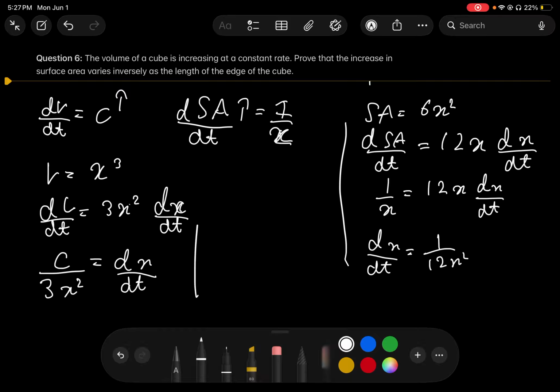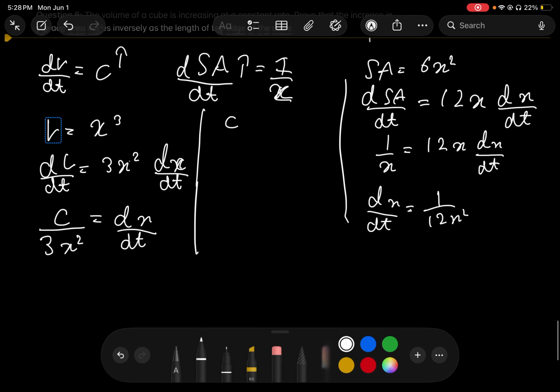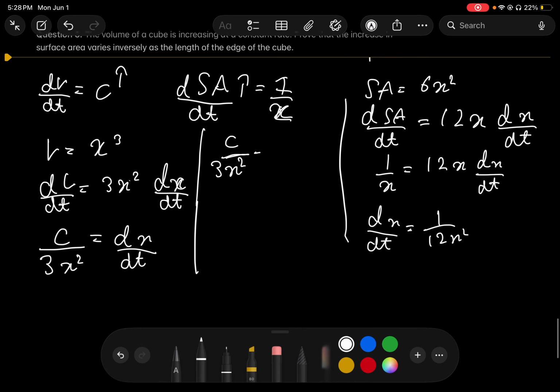All right. Now do I put these in with each other? Let me just see. C by 3x squared, don't rage bait me, pen, is equal to 1 upon 12x squared.